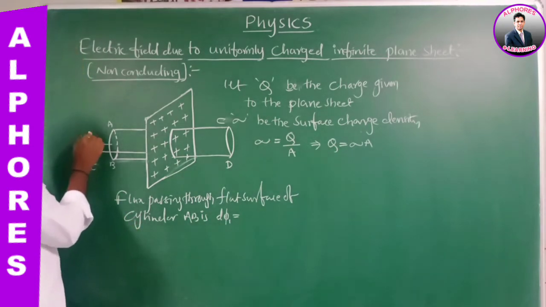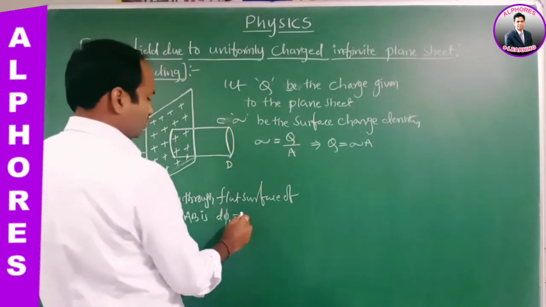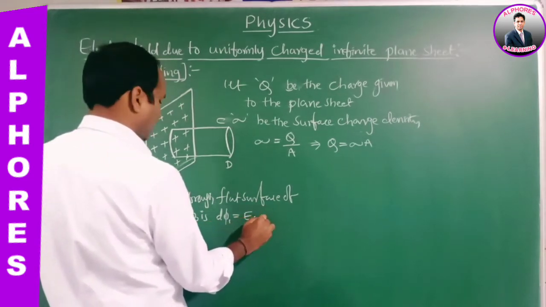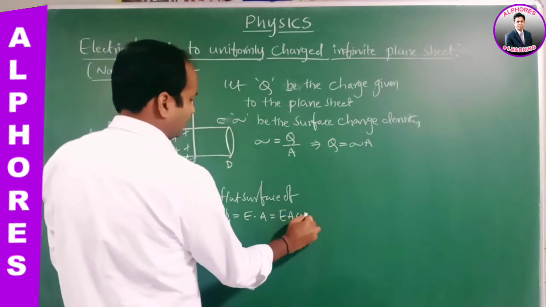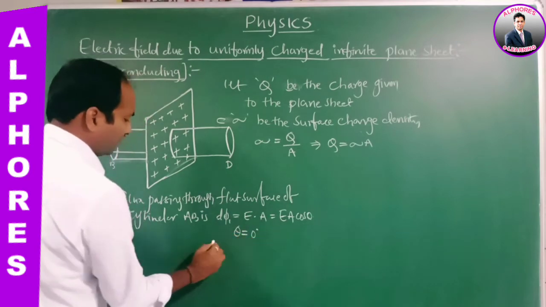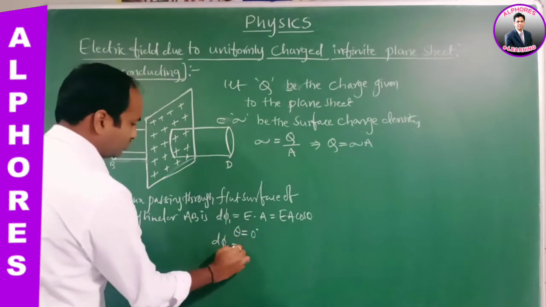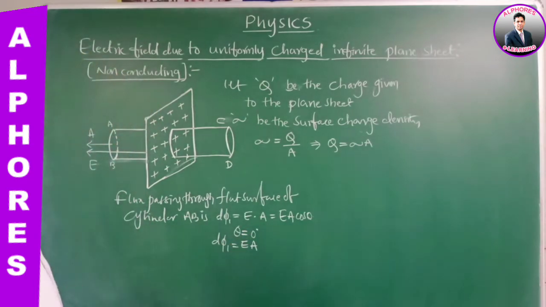So d phi 1 is equal to E dot A, which is EA cos theta. Theta is 0 degrees, cos 0 is 1, so d phi 1 is equal to EA.